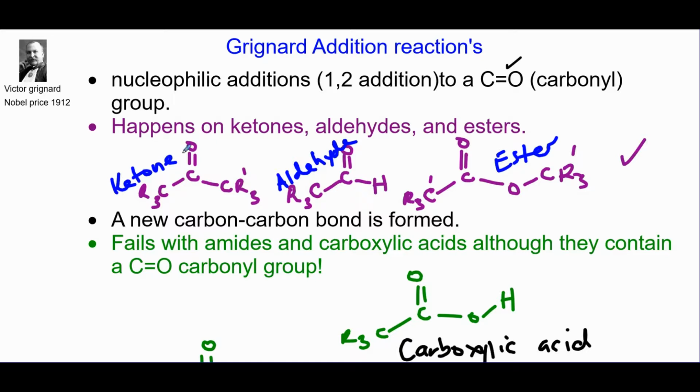A ketone has the carbonyl, the C double bond O is called the carbonyl, and two carbons bordering the carbonyl.